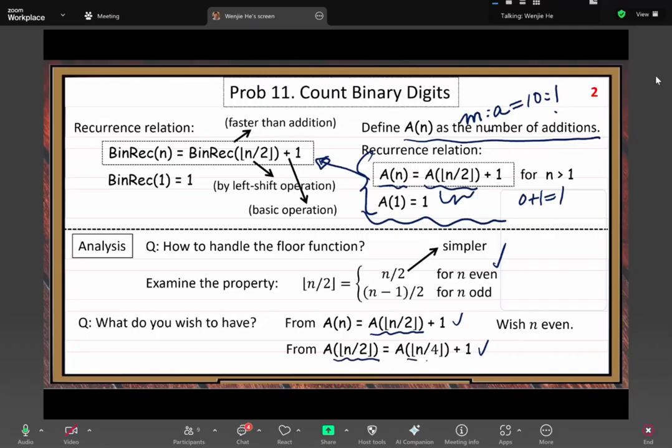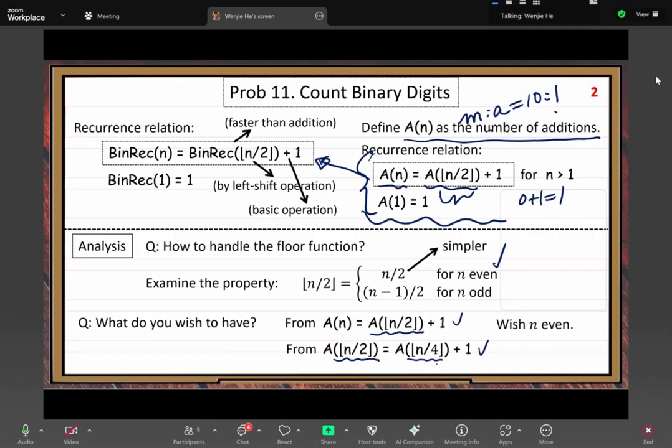But the floor function on the right-hand side you cannot remove, because divided by 4, you may have some non-integer part. So now you have another chance to make your assumption, to remove that floor function.